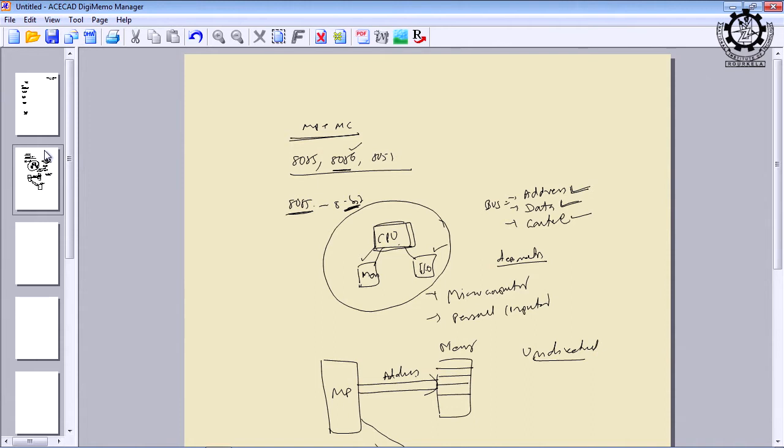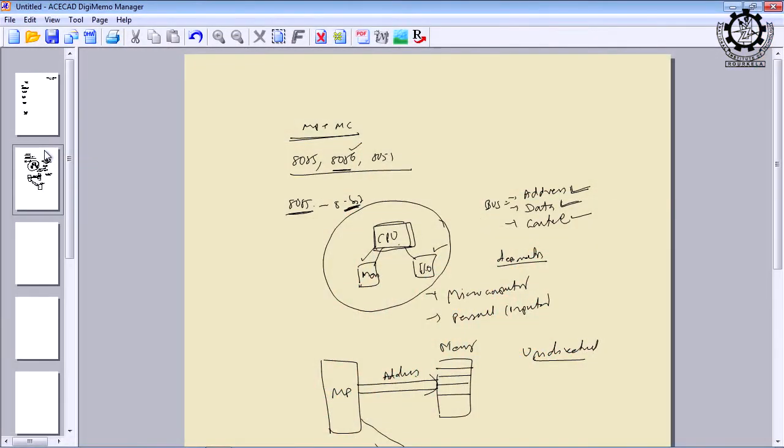So, if it is an input device, the data transfers from input to microprocessor. Even if you transfer data from an IO device to memory, remember the data has to be routed through the microprocessor. Data initially will come to the microprocessor, then from the microprocessor it will go to the memory. Am I clear? So, what does it mean?